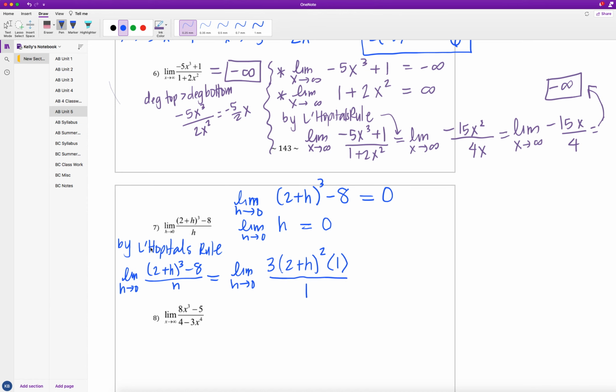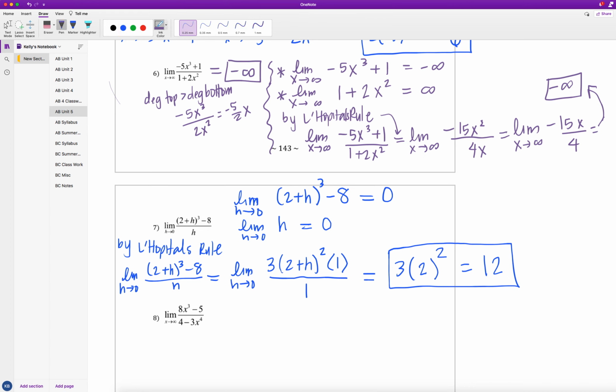So here we don't have x's, but our h is our variable, so that's what we're taking the derivative with respect to. Now I can actually directly substitute in here, and I get 3 times (2 plus 0) squared. If we want to simplify that down, it'd be 3 times 4, which would give us 12. And either of those would work as your final answer on a free response.